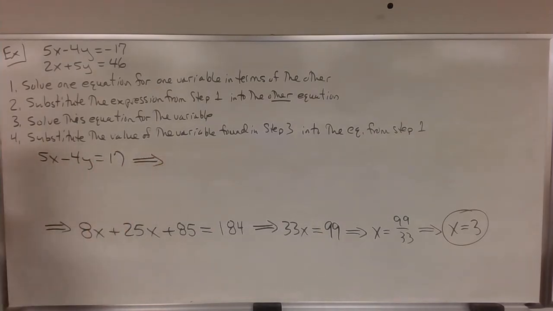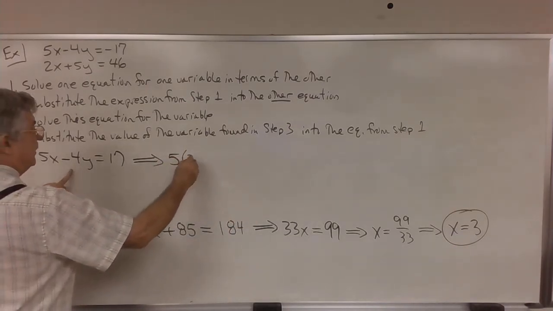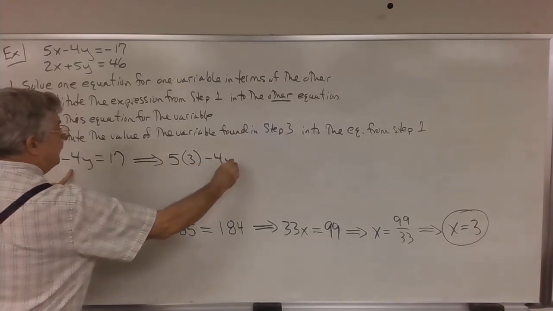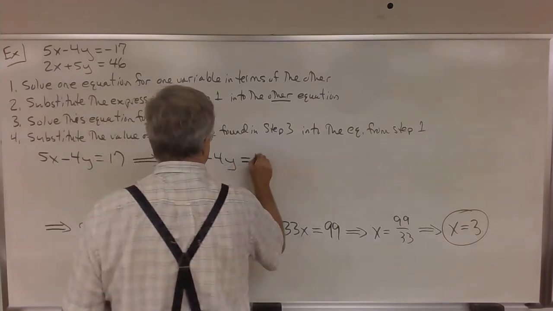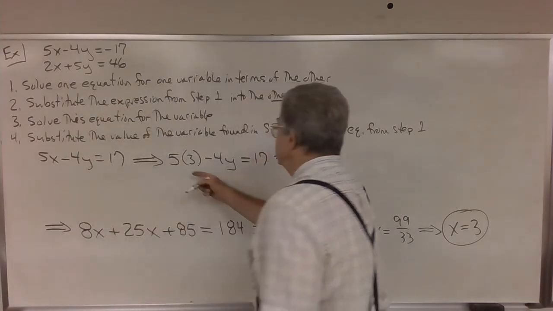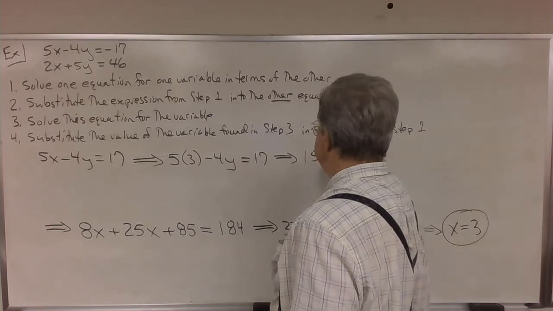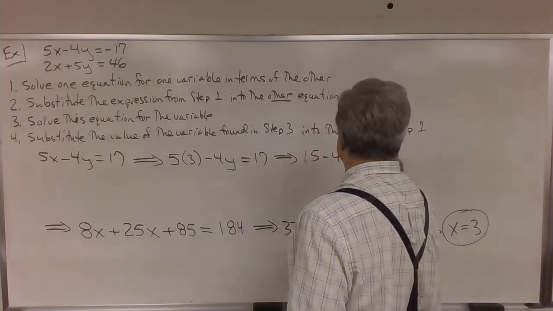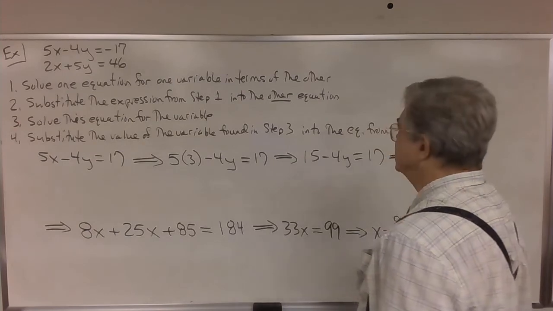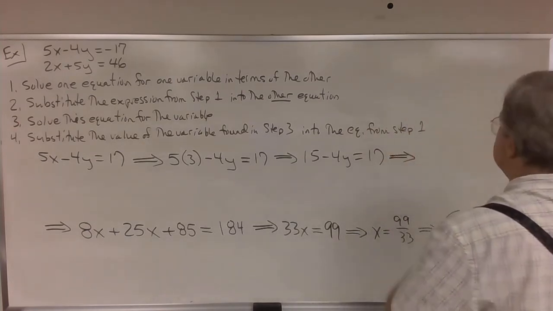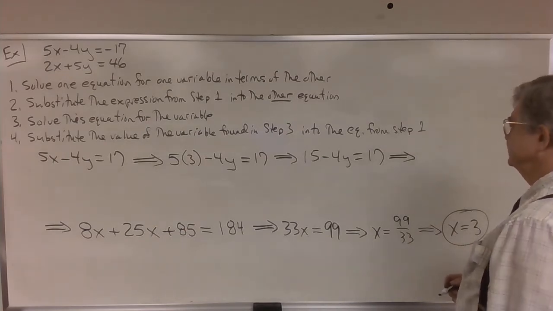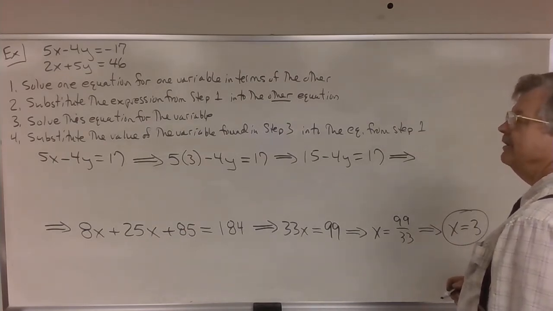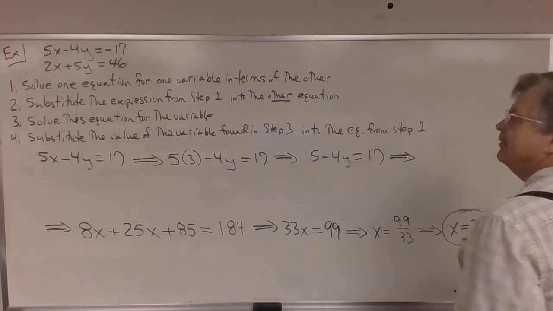And I'm going to substitute x equal 3 into this equation. 5x minus 4y equals 17. 15 minus 4y equals 17. And I don't like where I'm going right now.